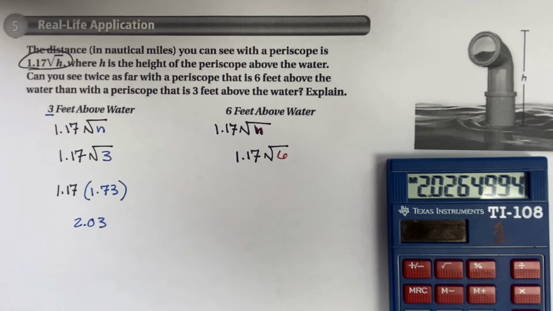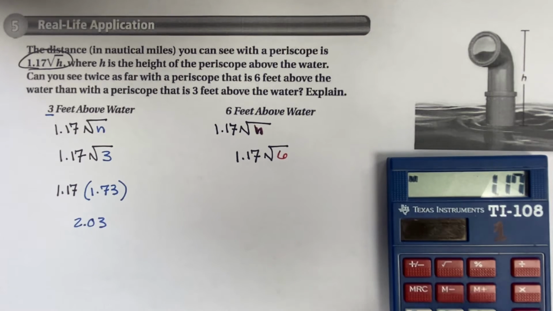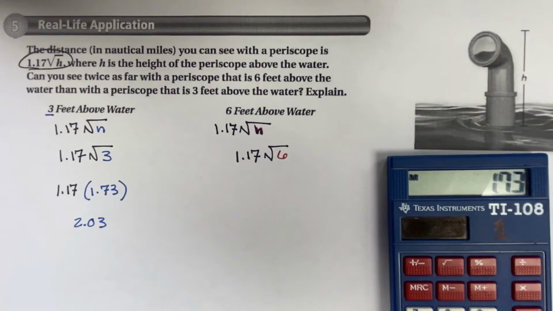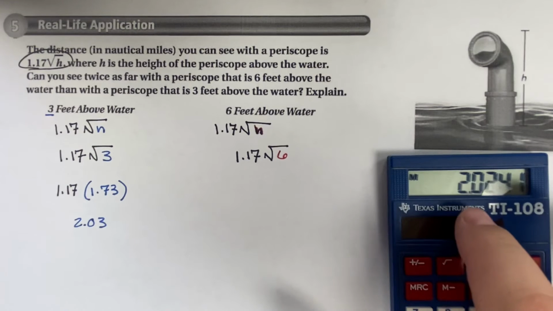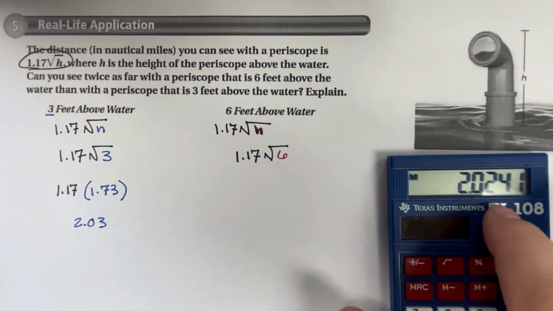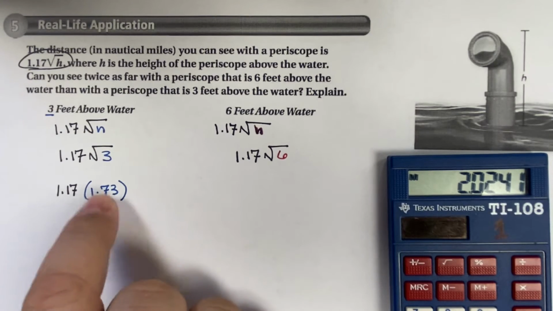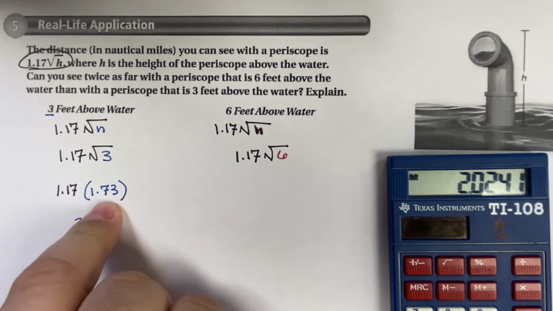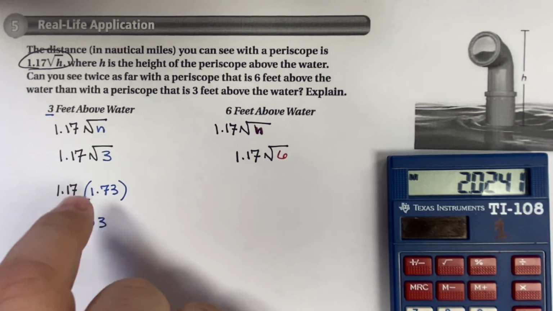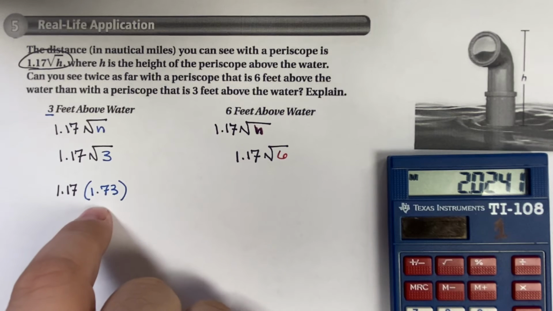Now, that's not my final answer. Remember, I have to compare it to an answer over here. But let me check something for you. 1.17 times 1.73 is 2.024. The reason I did this was to show you, rounding too early can change our answer.